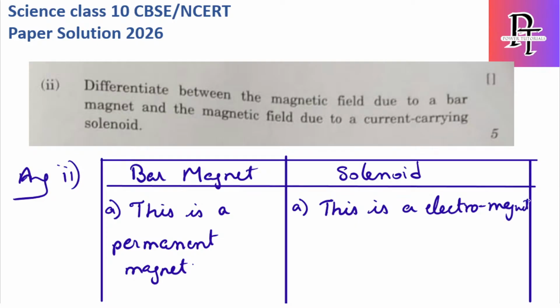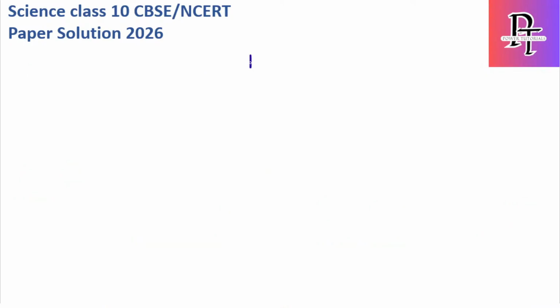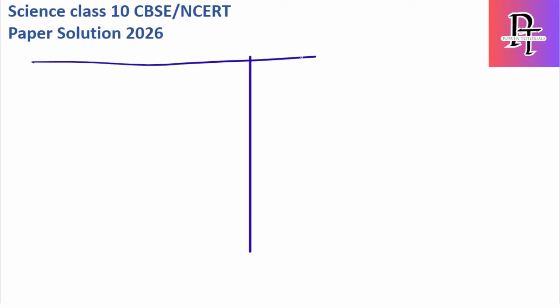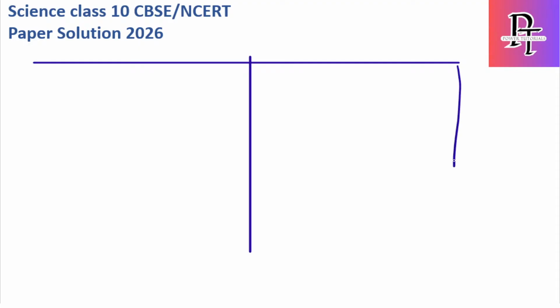I can also say it as a temporary magnet. Okay, next points, let's continue. Continuing from the previous part, make sure you have a big space in your paper and then you draw it in the same way, because let's not break it into multiple pages.